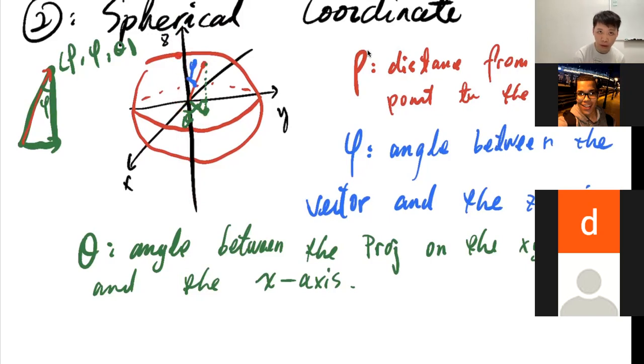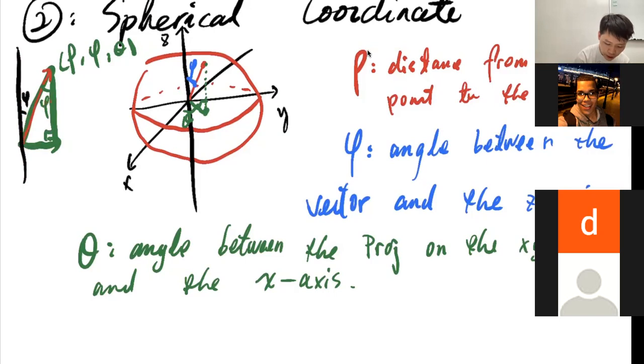So these two are parallel, so these two angles are the same. Anyone see that? So let's say you have a z-axis here. This is your phi. Because these two are parallel, these two angles are the same. Now this vector has the length rho.